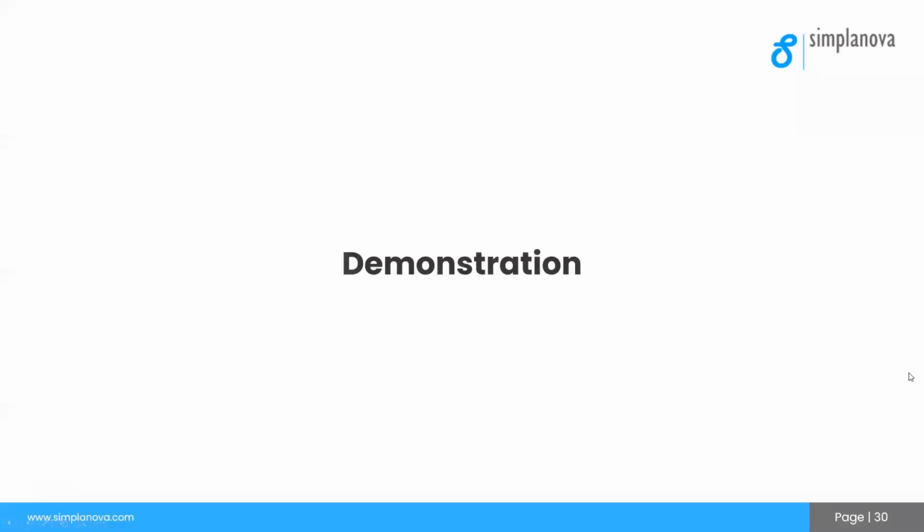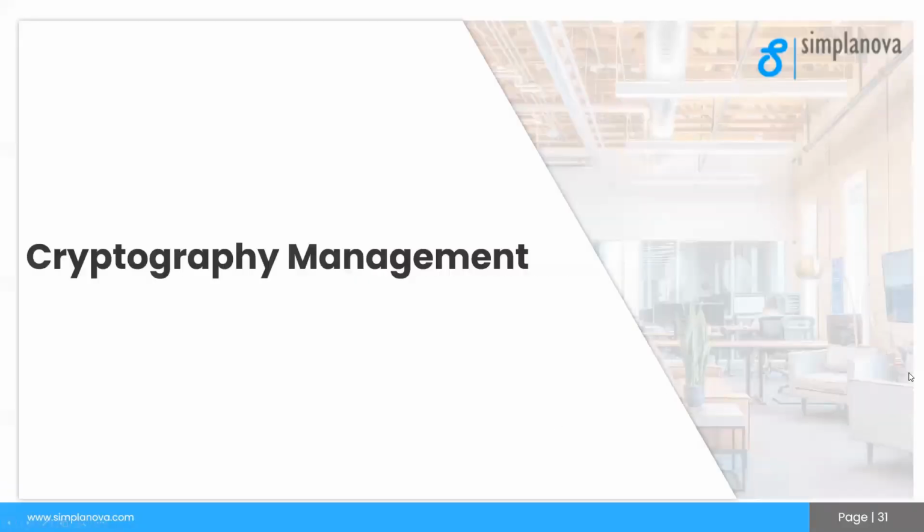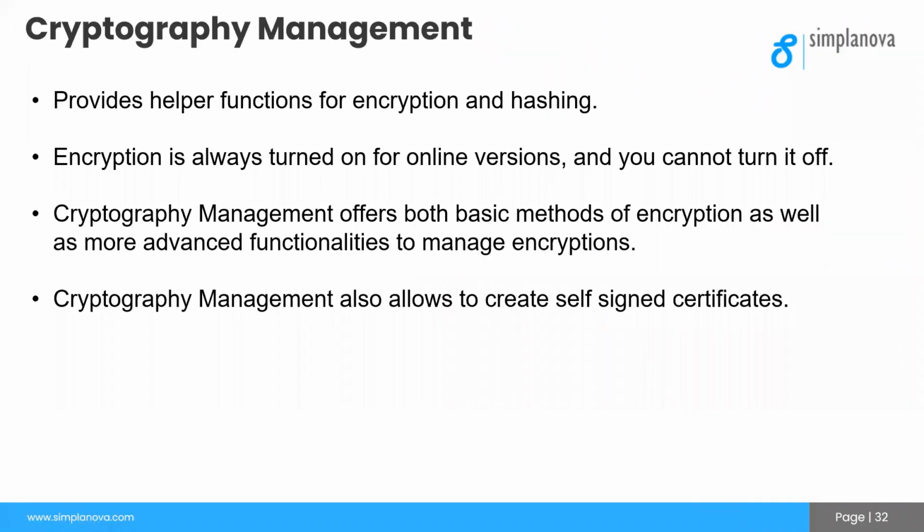Now, moving on, and speaking of the encoding, we also have a cryptography management module. Cryptography management is a rather large module, and this is something we don't really have time to delve deep into, since it has more than one or two code units related to it.